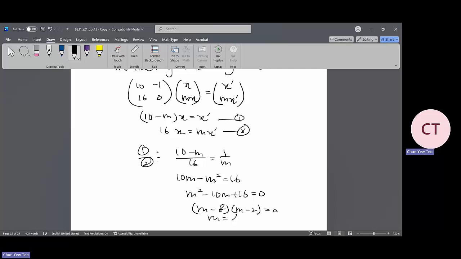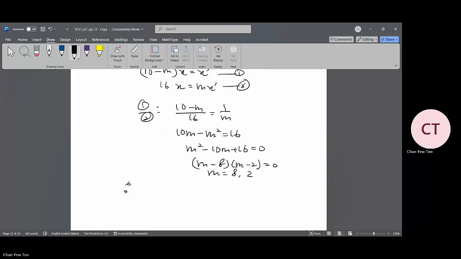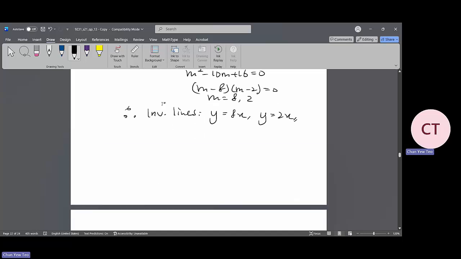So your m is equal to 8 and 2. Therefore, your invariant lines will be y equals to 8x and y equal to 2x. You have two invariant lines over here. So this will be the answer for the question number 4C.